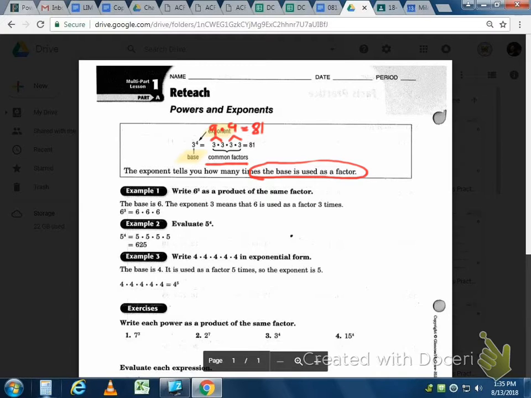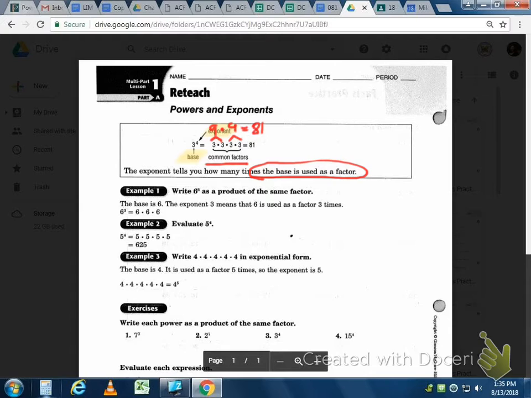These problems could be presented to you basically 3 different ways, and you will be doing problems like all 3 of these. Example 1: write 6 to the 3rd power as a product of the same factor. It's really important that you understand the vocabulary words for the directions, because I really believe you guys can do these problems. It's just, what do those directions mean?